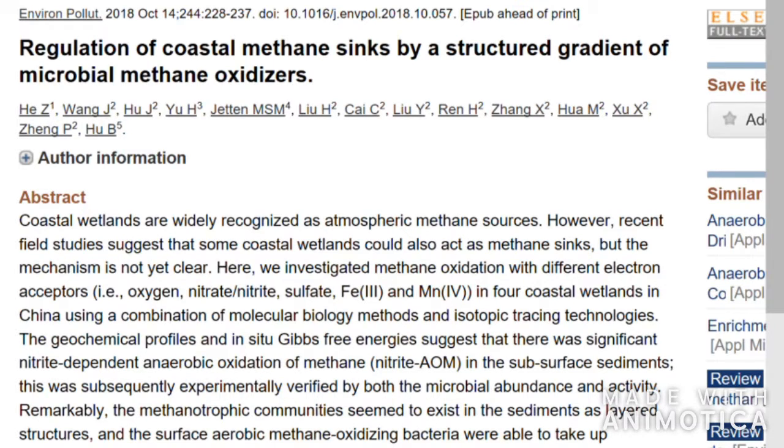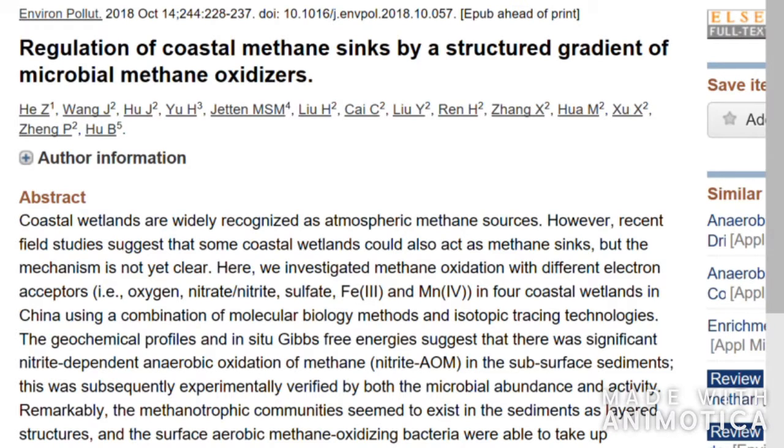They're anaerobic, whereas this is aerobic, so they do use oxygen. So the methane oxidizing bacteria took it up at this rate, and the sedimentary methane was completely consumed by anaerobic methanotrophs, so non-oxygen, which means subsurface methanotrophs, or this kind of bacteria, they took it up at this rate.